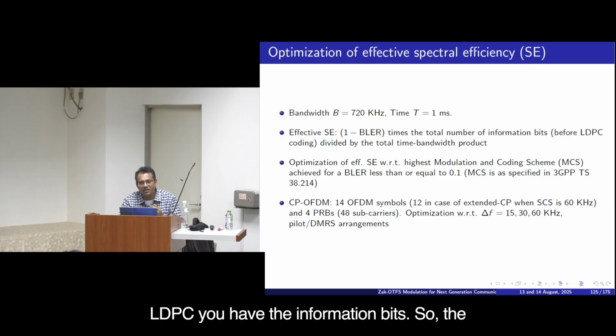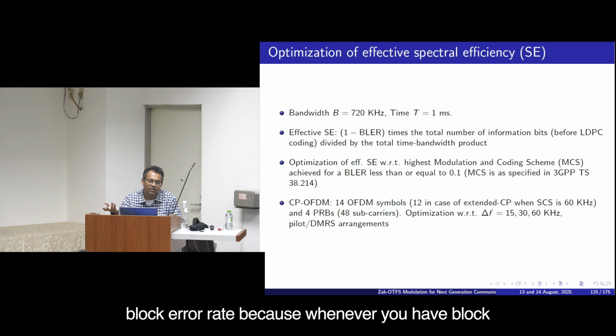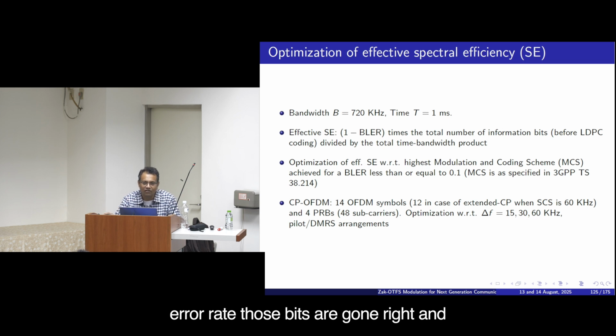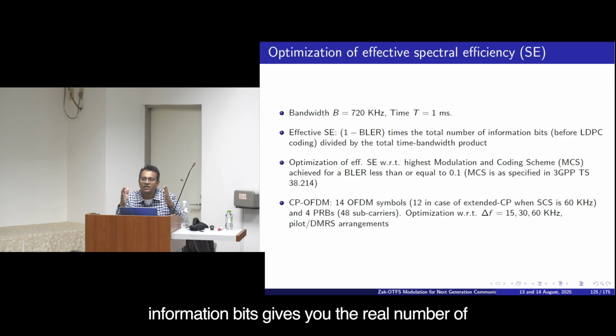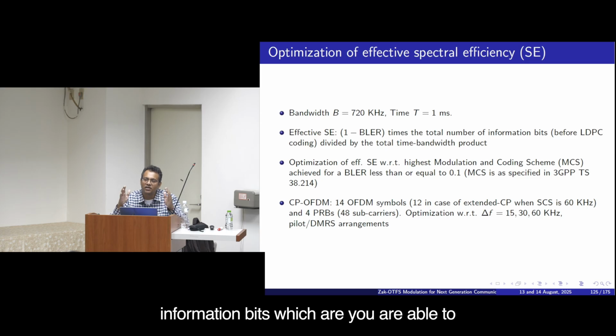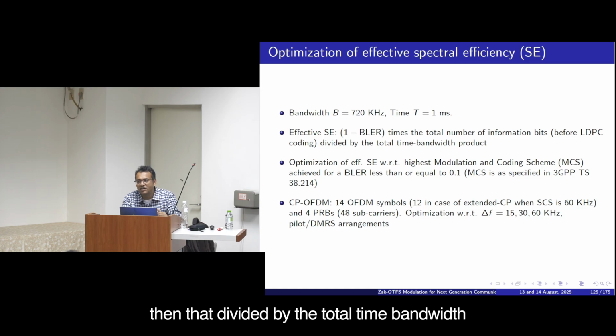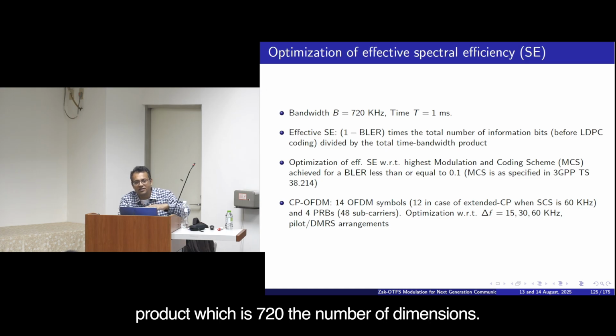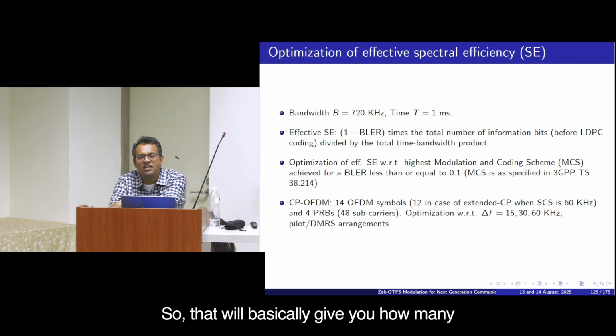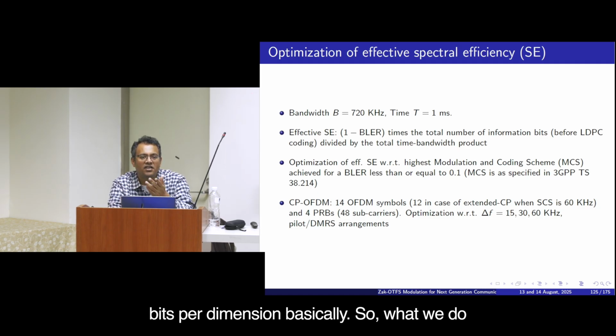But before the LDPC you have the information bits. So the number of those bits multiplied with 1 minus block error rate, because whenever you have a block error, those bits are gone. So 1 minus BLER times number of information bits gives you the real number of information bits which you are able to communicate on an average with 0 error, and then that is divided by the total time bandwidth product, which is 720, the number of dimensions. So that will basically give you how many bits per dimension.